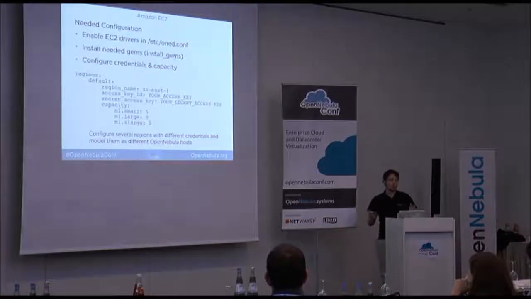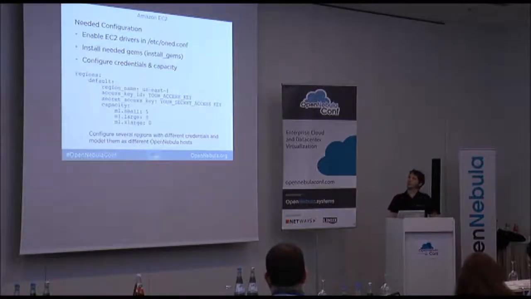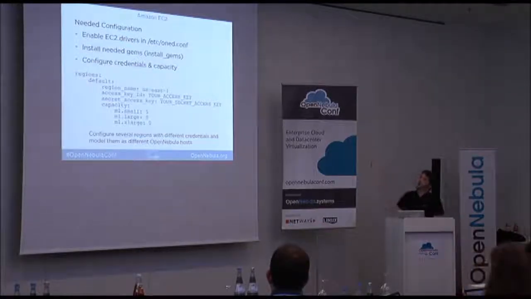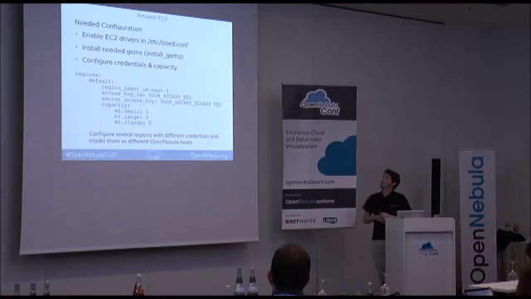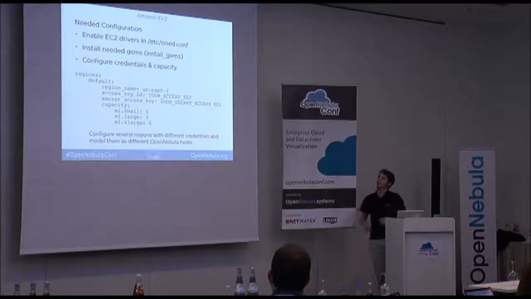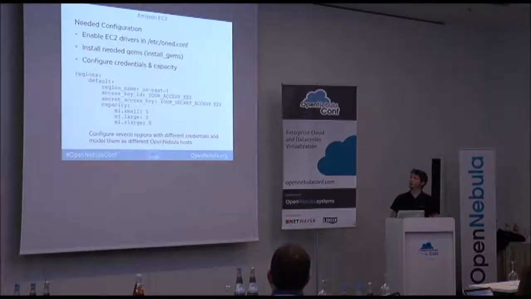It's basically two fairly big numbers that you have to input there. And you also model the capacity. Here we are instructing OpenNebula that this is the region US East one, and for OpenNebula, it's going to be a hypervisor that can fit only 5 m1.small virtual machines.